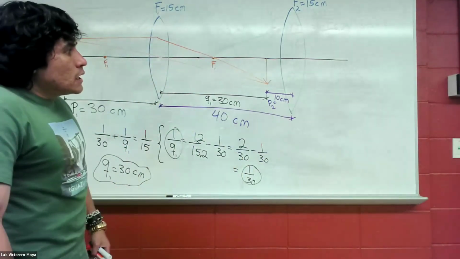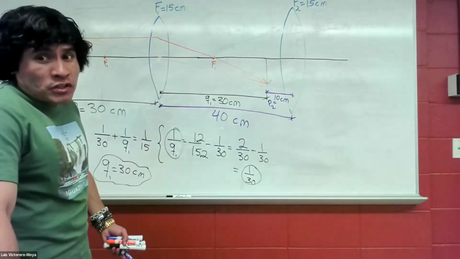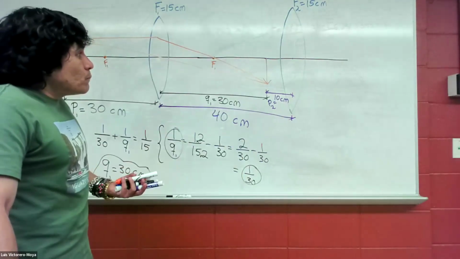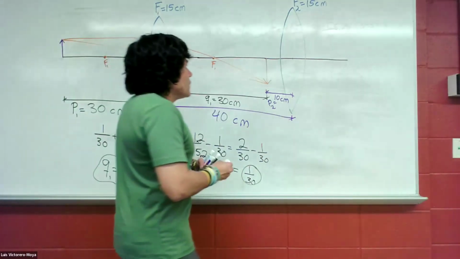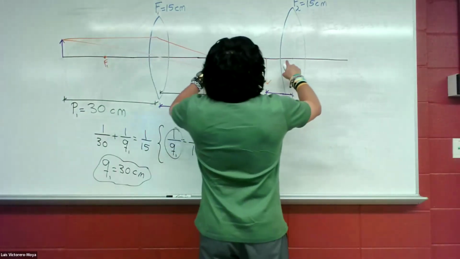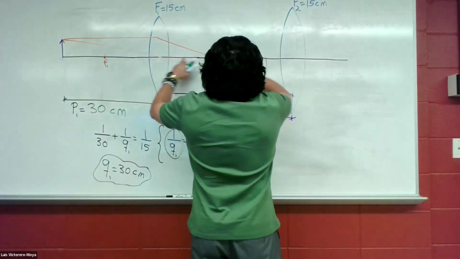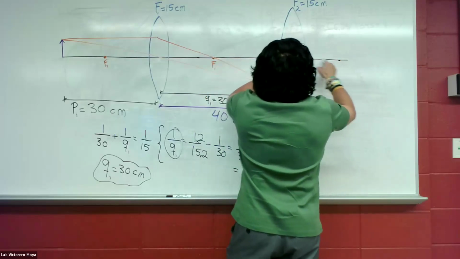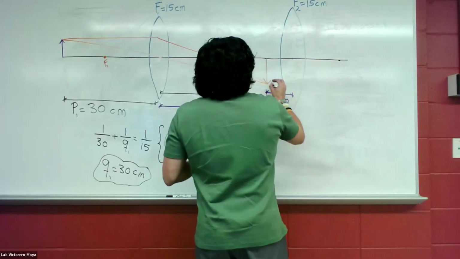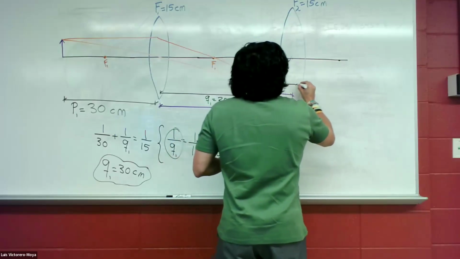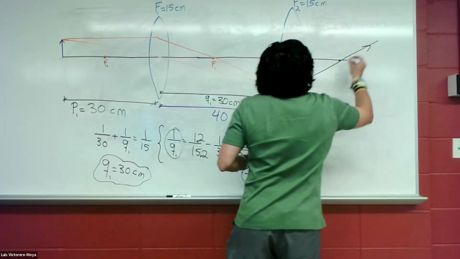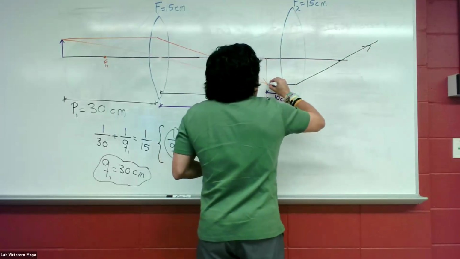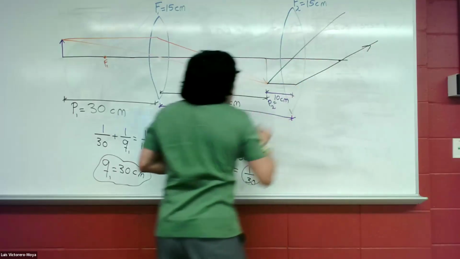F2 is 15. It's still a converging lens, so it's positive. So I need to find Q2. Look, guys. 15. Like that.